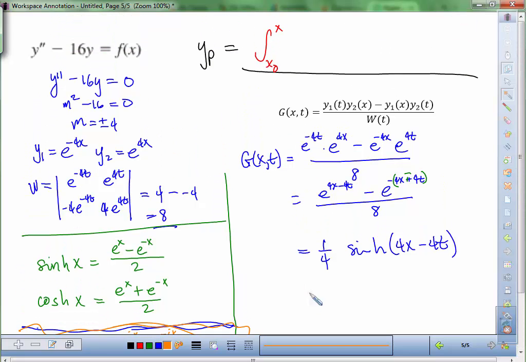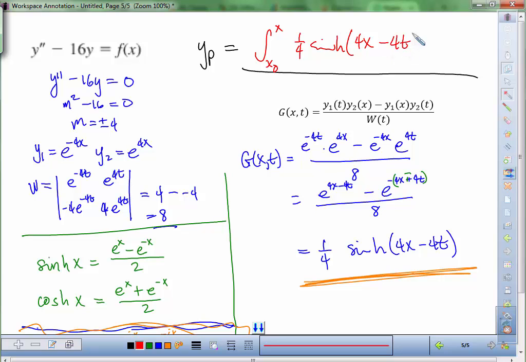Now that our Green's function is this function over here, we can simply put that into our answer. So our y particular is going to be the integral from x naught to x of g of x,t, which is a 1/4 sinh of 4x minus 4t, times, remember this is g of x,t times f of t, and f of t we don't know.